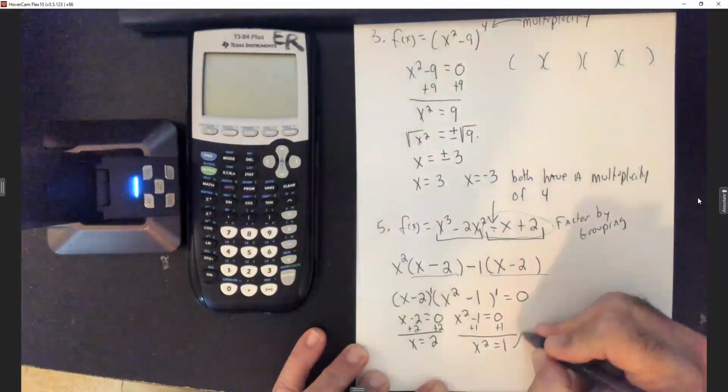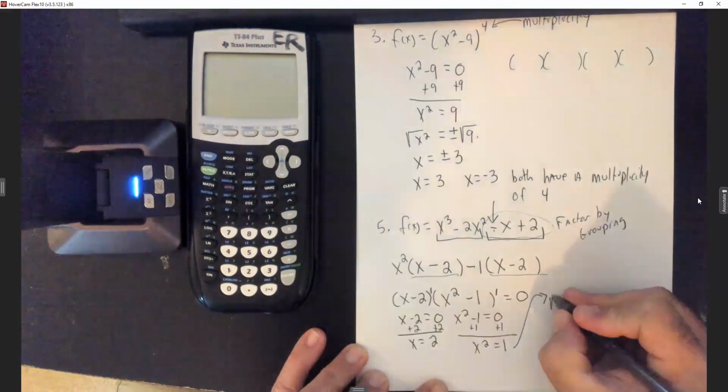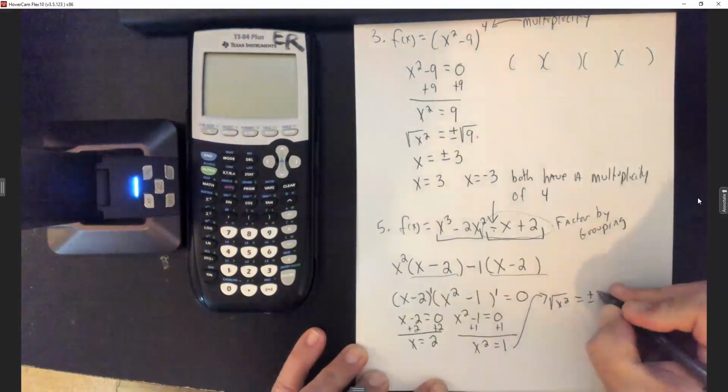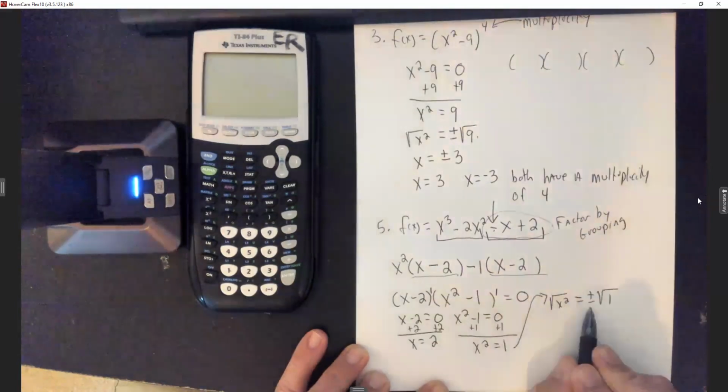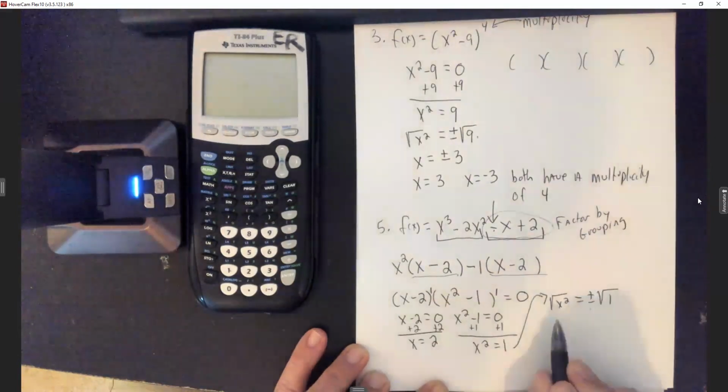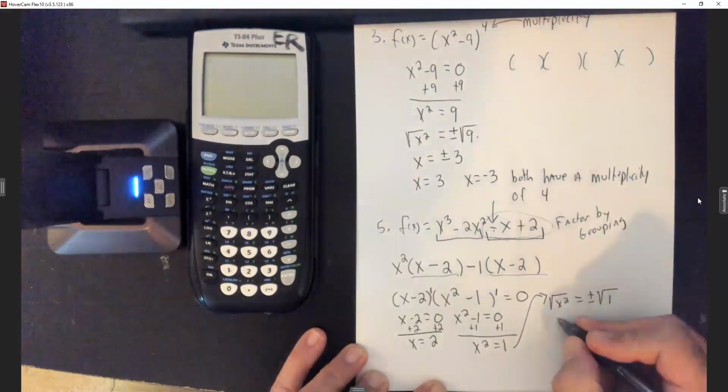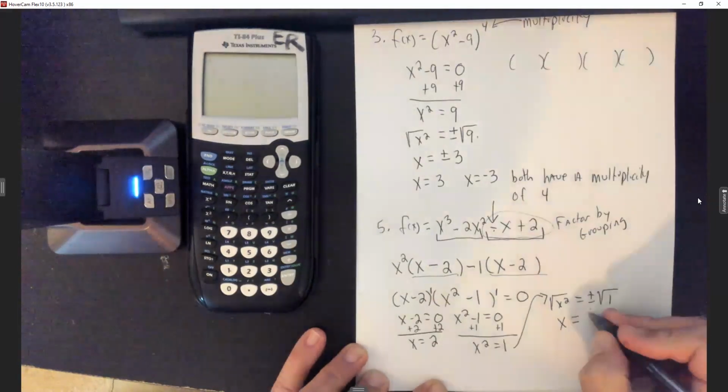Then I would take square roots of both sides, and since I'm doing a number, I got to use my plus or minus. All right, so square root of x squared gave me x. It's going to equal a plus or minus square root of 1, which is 1.